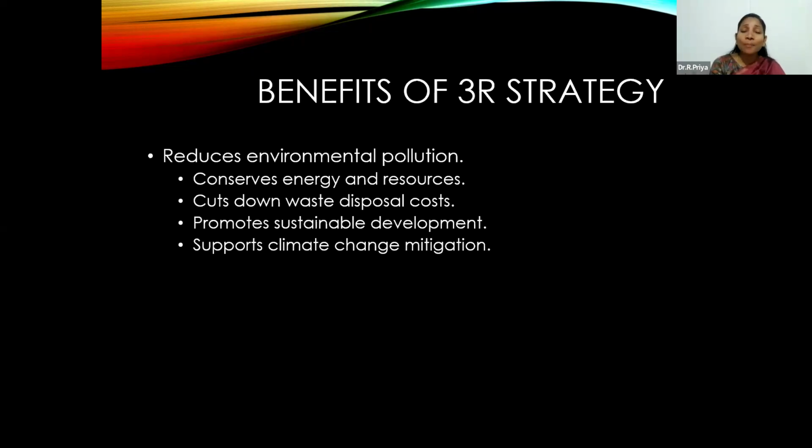So the 3R approach helps in reducing global warming and climate change impact. So, in conclusion, the 3R strategy is not only an environmental solution but also brings economic and social benefits. It makes it essential for sustainable engineering and industrial growth.